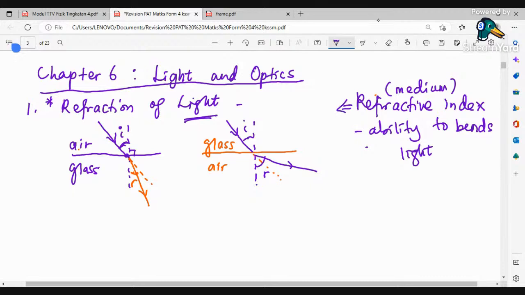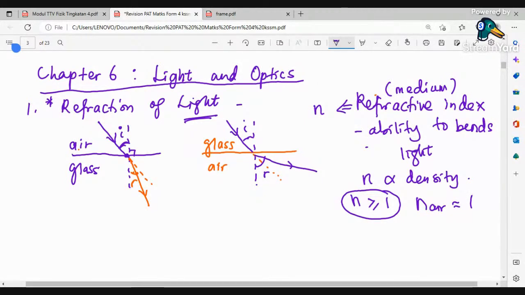For refractive index we use the symbol small n, meaning n is directly proportional to density. The density of air is lower than glass, meaning the refractive index of air is smaller than glass, but the value of n is always equal to 1 or greater than 1. The value of n for air is 1, the same as vacuum. The rest are all more than 1.